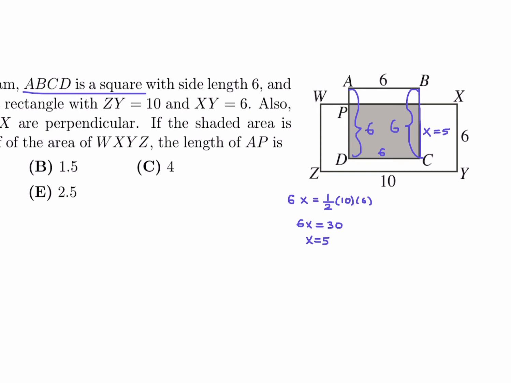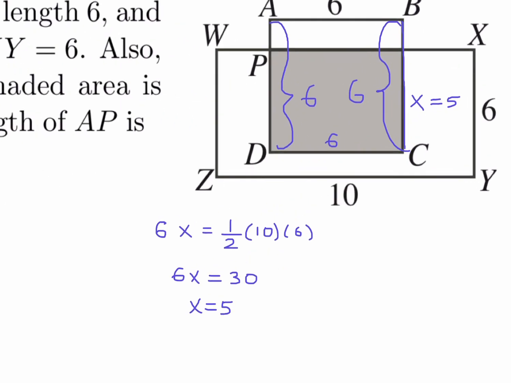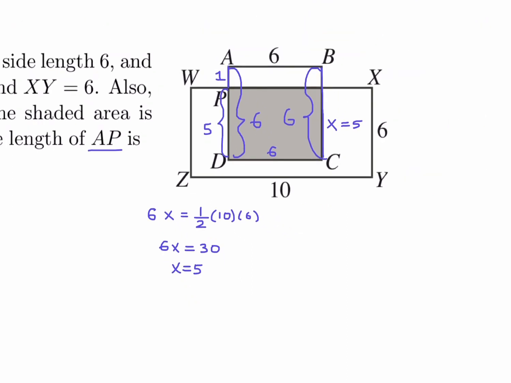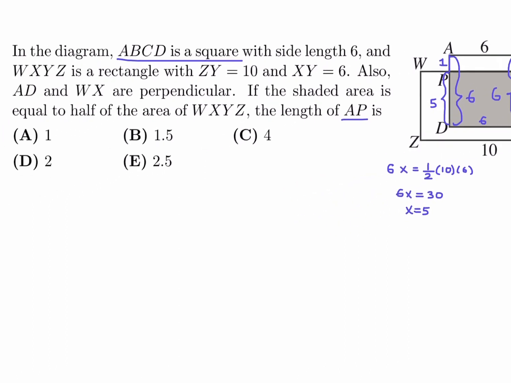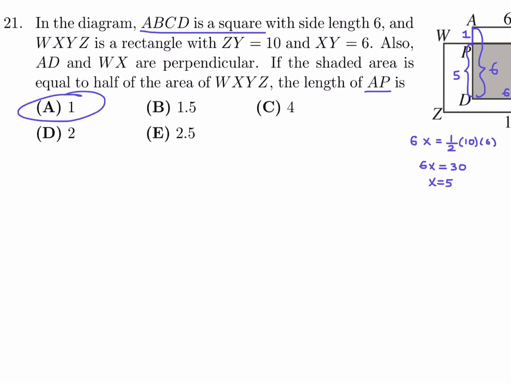So if this region from here to here is 5, and therefore this is also 5, this is 1, correct? 6 minus 5, and that's what they want you to figure out, the length of AP. So the length of AP is 1, and therefore the answer to number 21 is A.